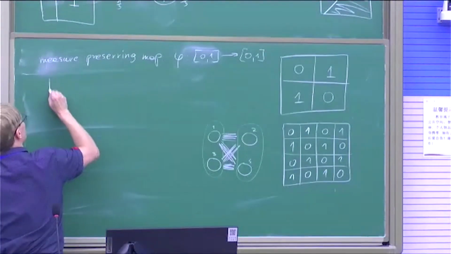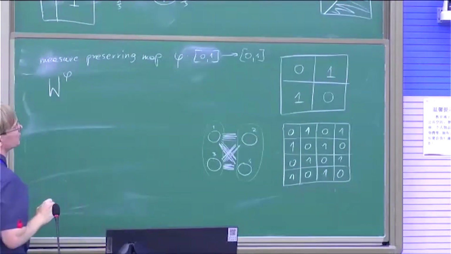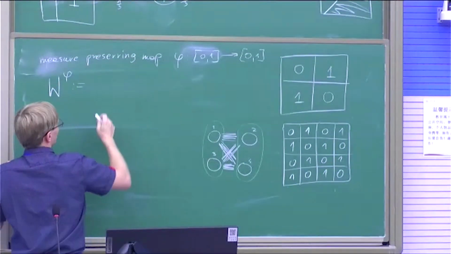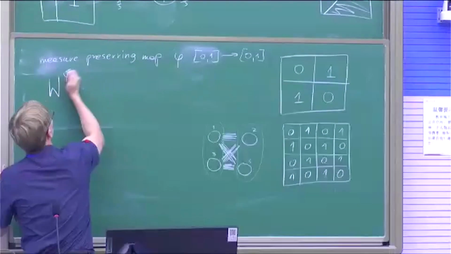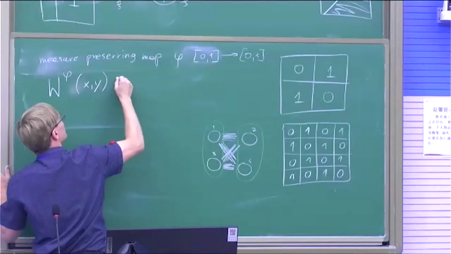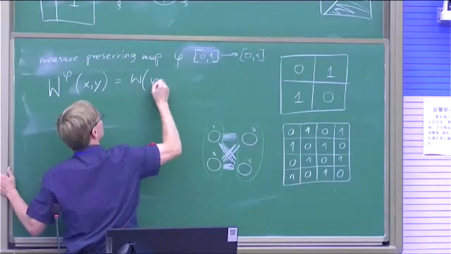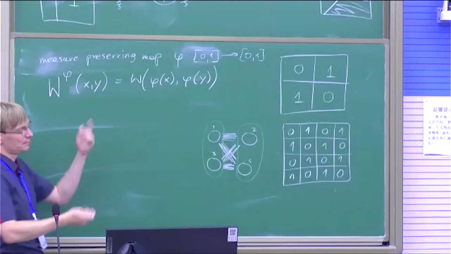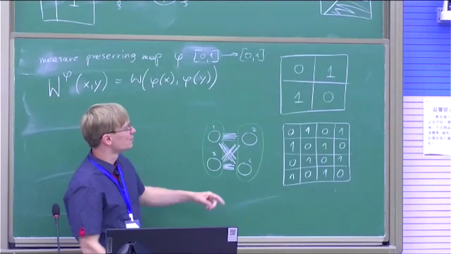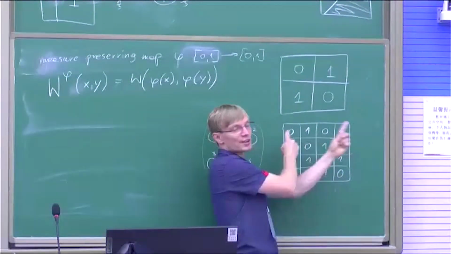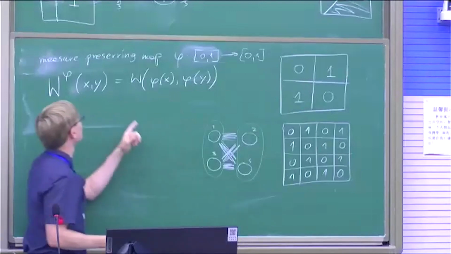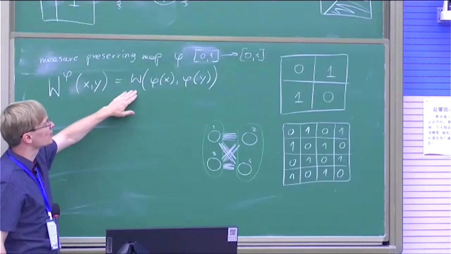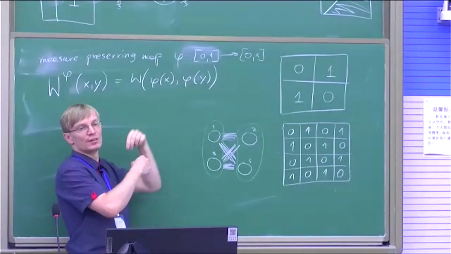And I can define a graphon after the transformation by this measure preserving map, just by putting the value of this graphon as the value after the function. You can think about it as just reshuffling the vertices. And then I say my new graphon in X and Y is exactly the former graphon taken in the values after reshuffling.